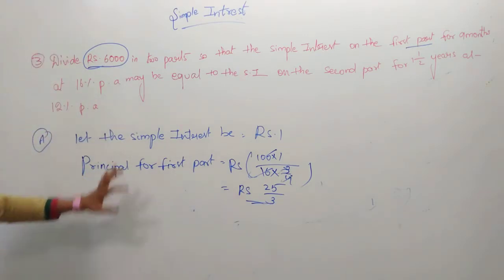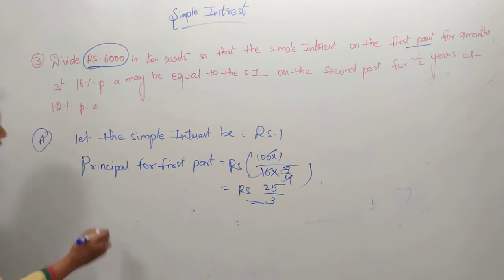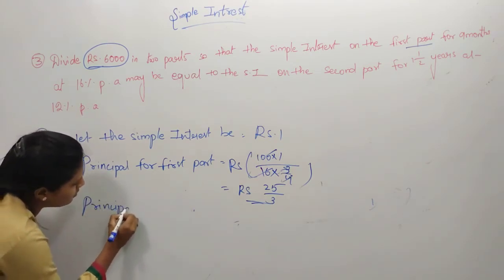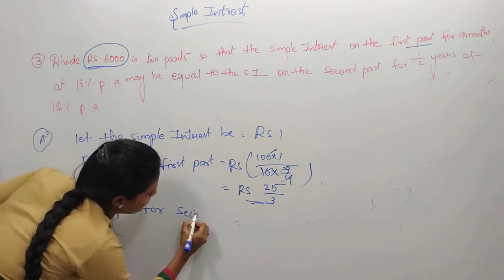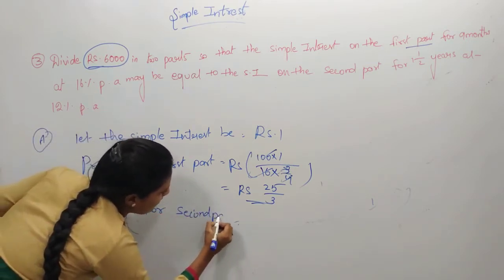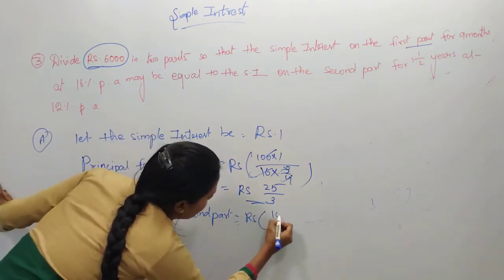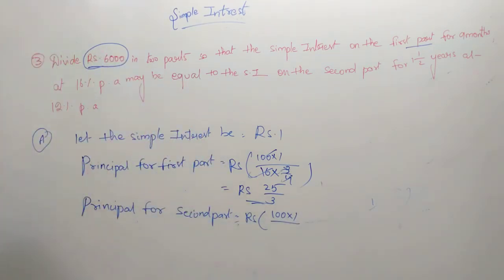Next, the principal for the second part; we do it as we did for the first part. Rupees 100 into 1 by how much per annum is given? 12% per annum.